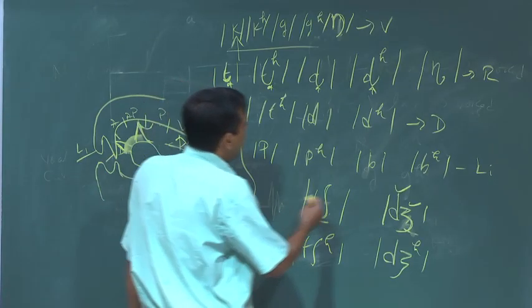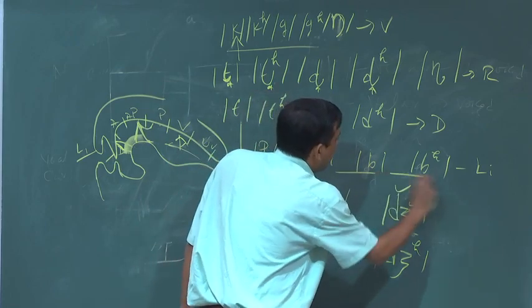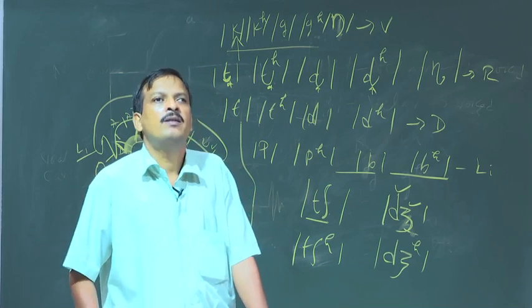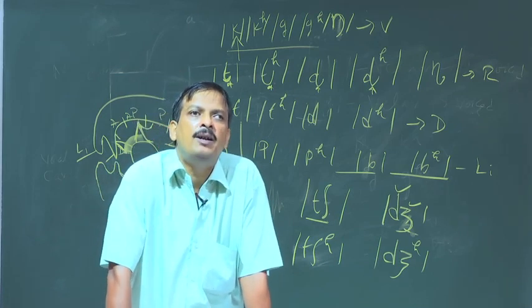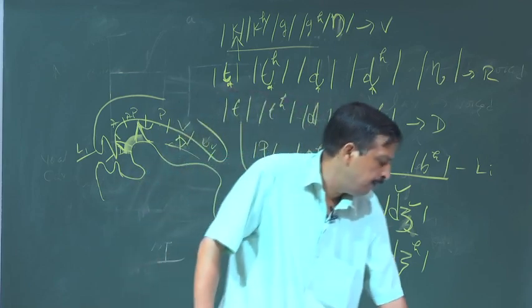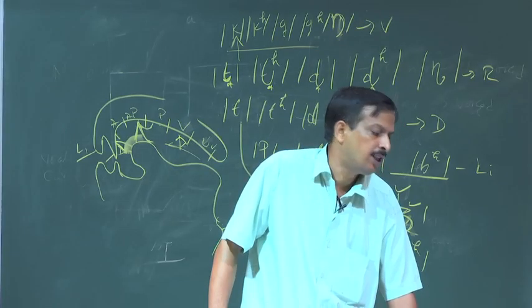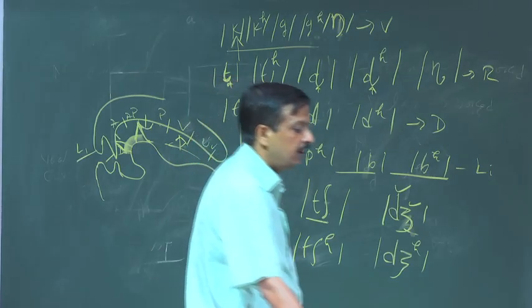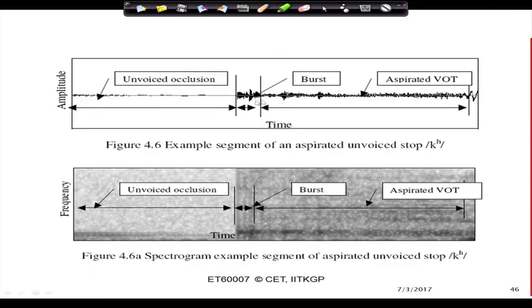That means it can be either ba or bha, an aspirated voiced bilabial stop or an unaspirated voiced bilabial stop. Now, if I see the picture after recording, the spectrogram, this is kha, you see here the burst, then the VOT is aspirated and the VOT is longer. In all aspirated consonants the VOT is longer.